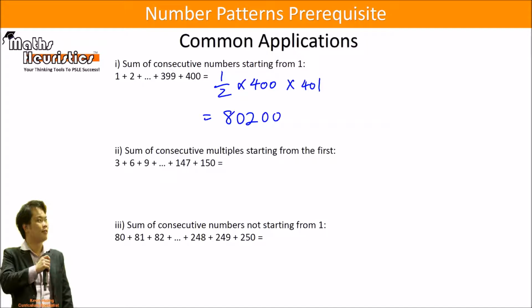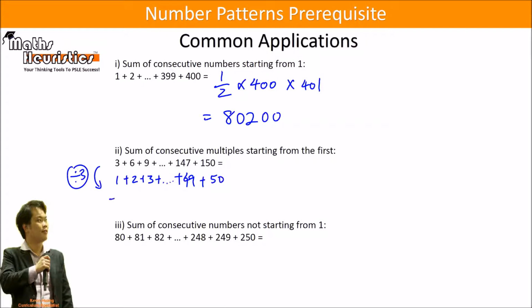Then what about the sum of consecutive multiples starting from the first multiple? Now we see here that there's 3 plus 6 plus 9 plus all the way up to plus 147 and plus 150. All of them contain a multiple of 3, so I'll just divide this out by 3 first. And everything becomes 1 plus 2 plus 3 plus ... plus 147 divided by 3, 49 plus 50.